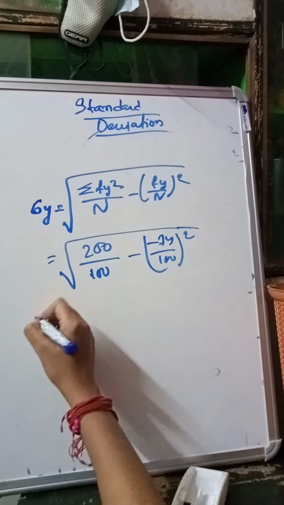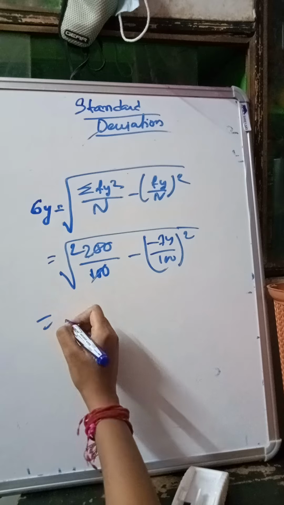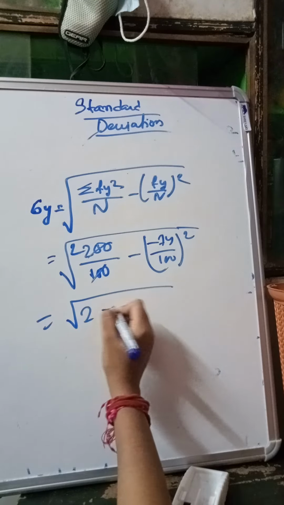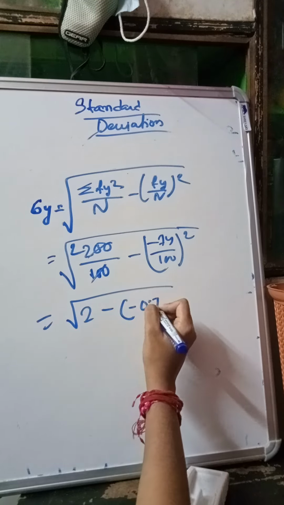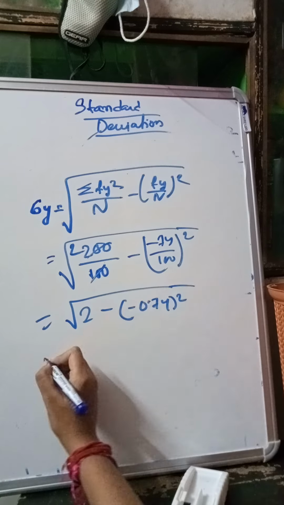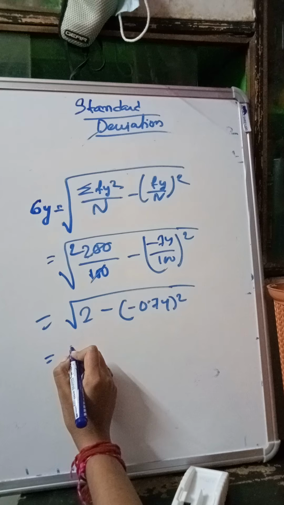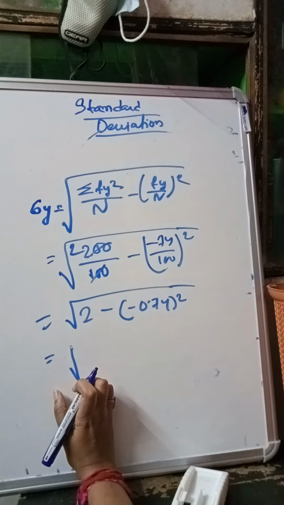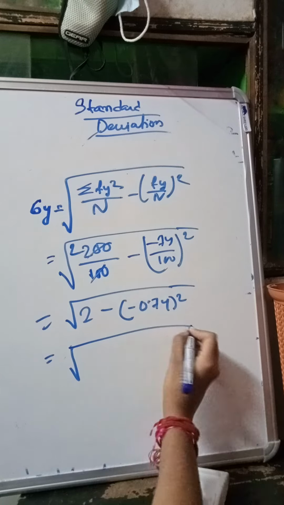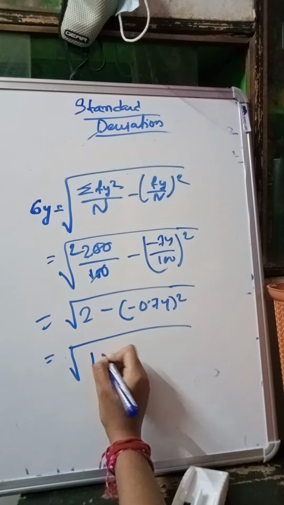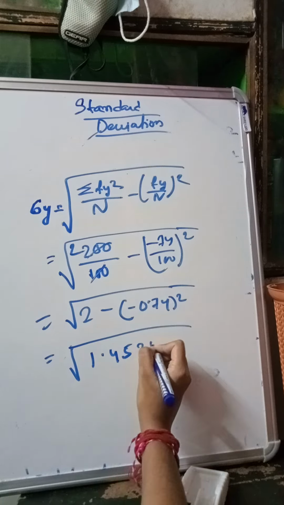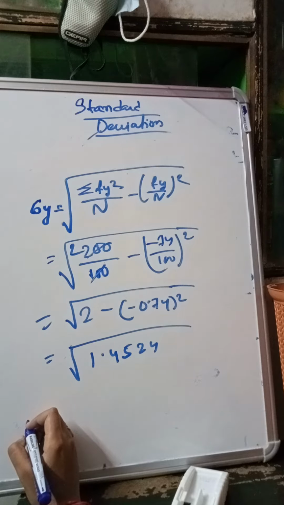So this will cancel out and we will get 2. So this is 2 minus, minus 0.74 whole square. So this will be something like 1.4524.